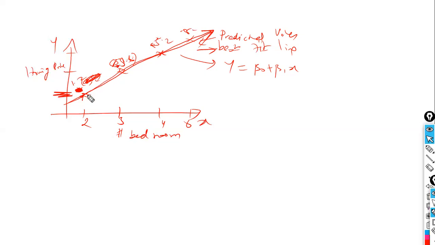This is the actual value in the given data, whatever you have, when you plot it. So 1.2, 3.6, 5.2, and 8. You just think that way.